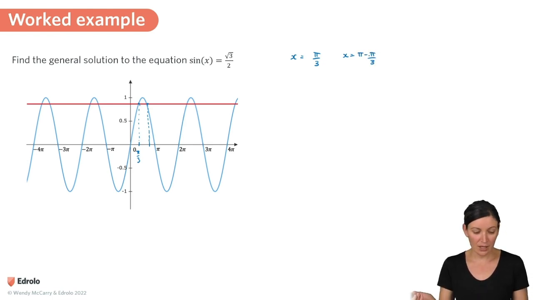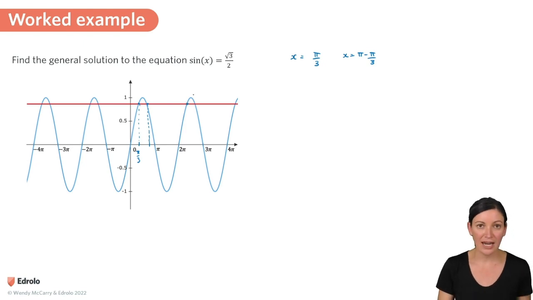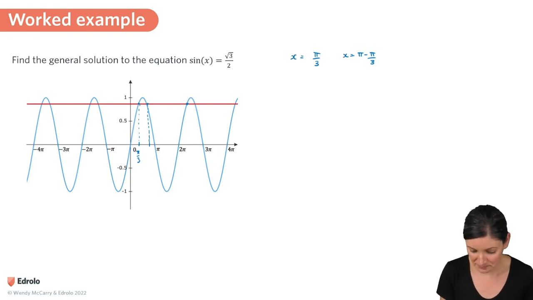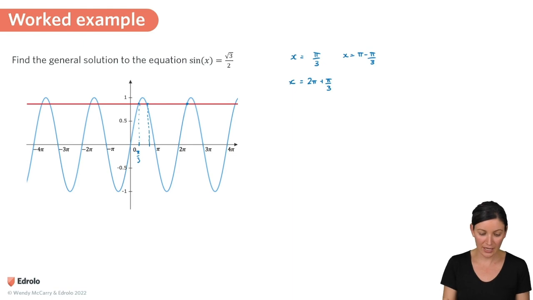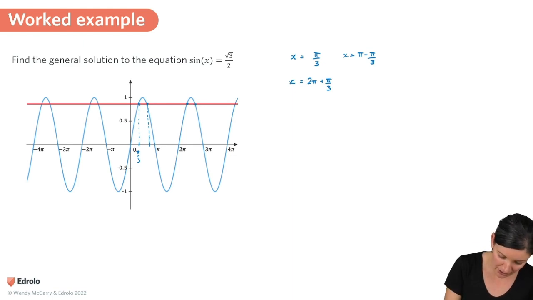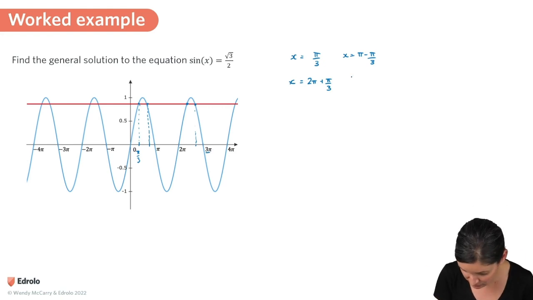Okay, now because of the period of the sine graph, the period is 2 pi, my next solution over here is going to be 2 pi plus pi/3. Okay, and then my next solution here is this one here, and we can see that that's now 3 pi minus pi/3.